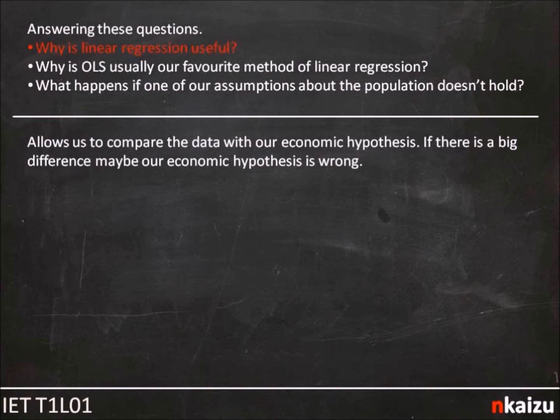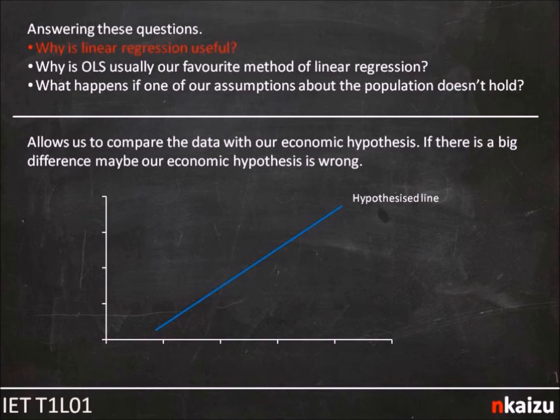Why is linear regression useful? The short answer is that it allows us to test our economic hypotheses. So suppose we think a relationship between two variables follows the blue line, our hypothesis. Then, as diligent economists, we collect some data. Just eyeballing the graph, it looks like the hypothesis line is a bit off.